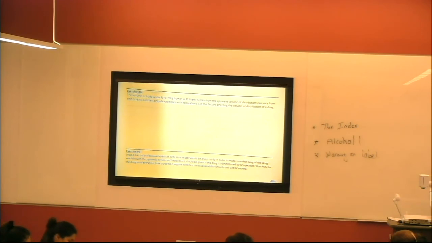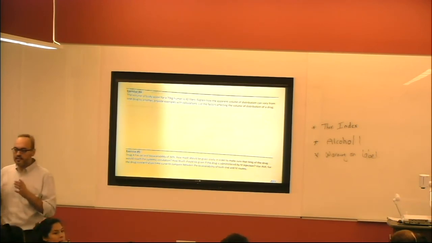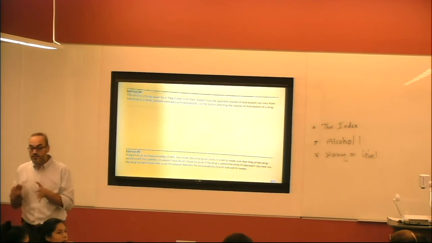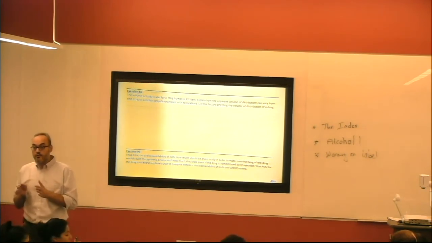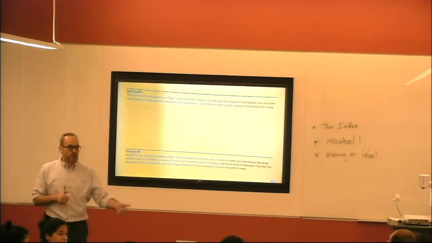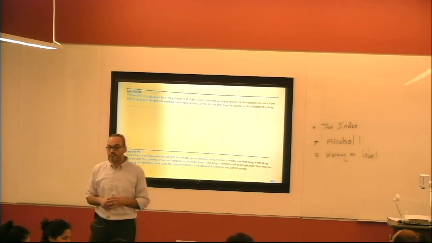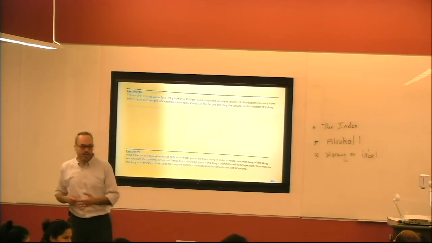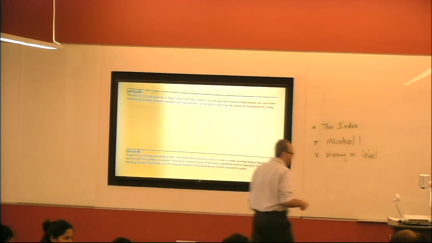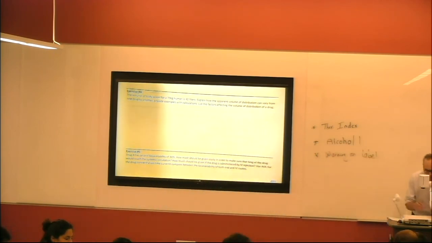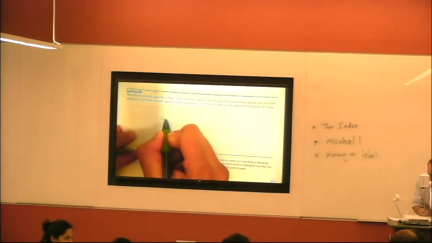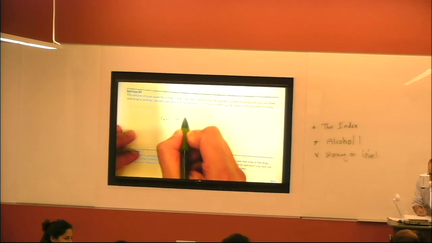Keep in mind it's the same person with the same amount of water in the body, 42 liters, but if you measure the volume of distribution for one drug versus another drug, you will have two different values. The reason is that concentration is equal to dose over volume, right?